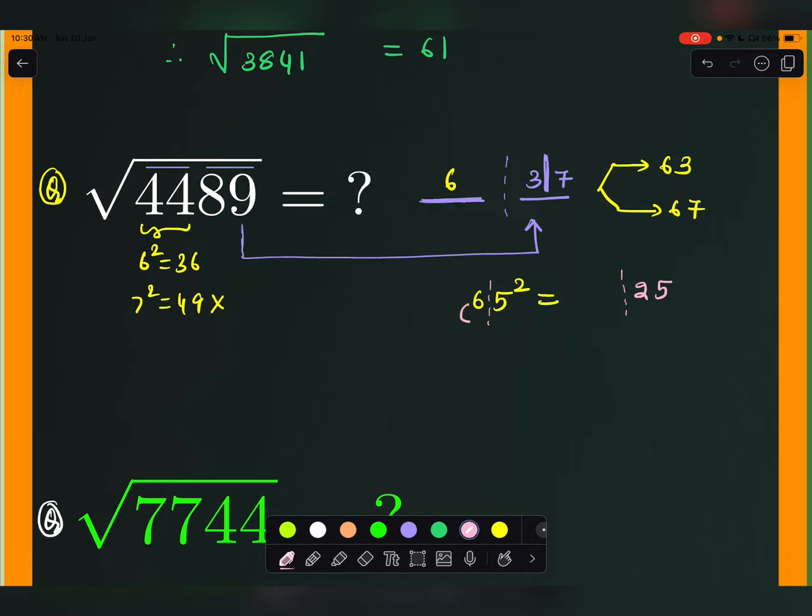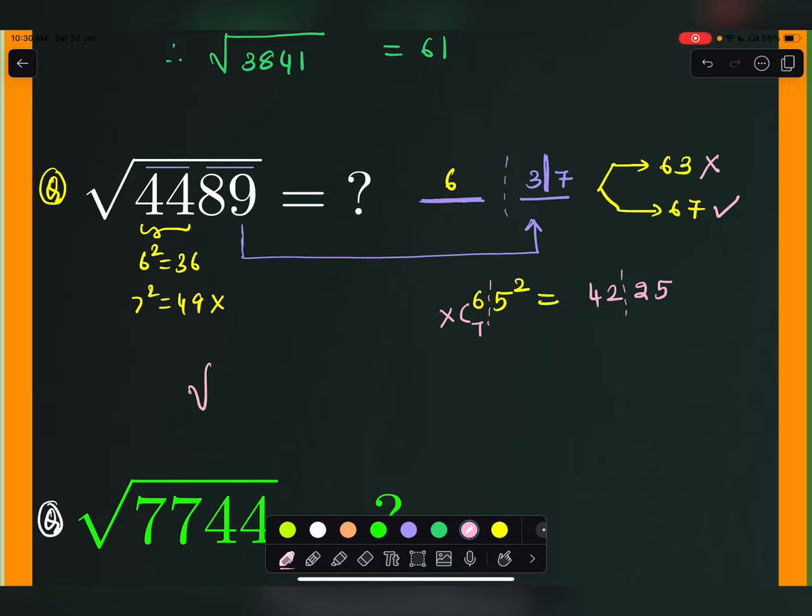So other than 5, what digit is there? Multiply that digit by its next integer value. So 6 times 7 is 42. Now your number is how much? More than 4225, right? So 4489 is more than the 65 square value. Definitely your answer is more than 65. So 67 is correct, 63 is not correct.